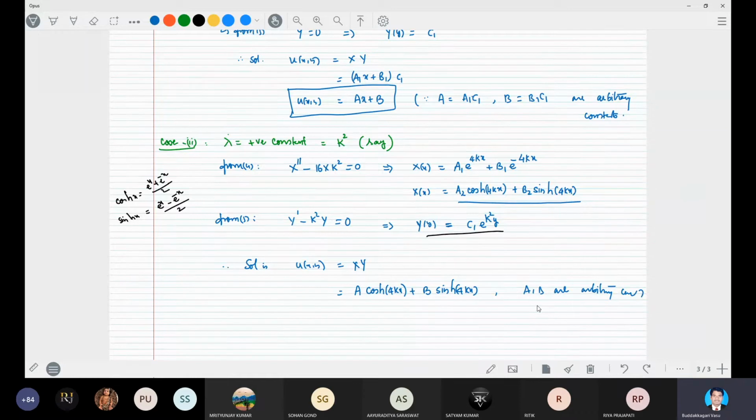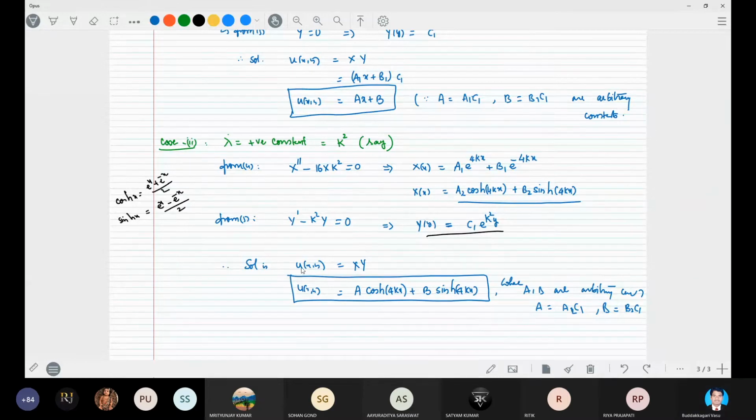Where capital A is equal to a2 c1 and B is equal to b2 c1, right? This is the solution for the case of 2, right?